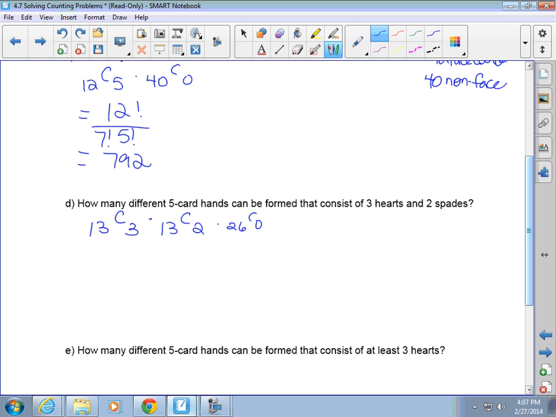It's just a good thing to remind you that when you're doing some of these questions where you haven't used up all the cards, you have to take the remaining out of what's left. So this is 13 factorial over 3 factorial times 10 factorial, times 13 factorial over 2 factorial times 11 factorial. So this equals 22,308.